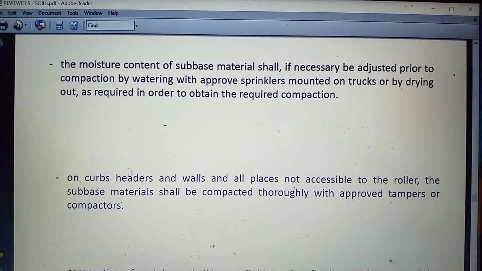Okay, so on curved headers and walls and places not accessible to the ruler, the subbase material shall be compacted thoroughly by approved tampers or compactors. So other than the ruler, we can also use a plate compactor.